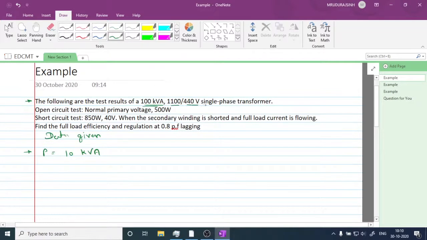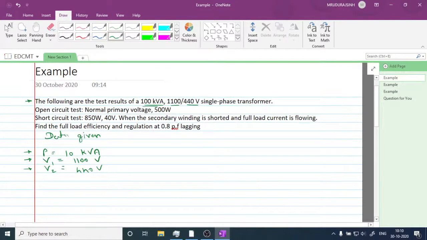That means primary voltage V1 is 1100 volts and secondary voltage V2 is equal to 440 volts.